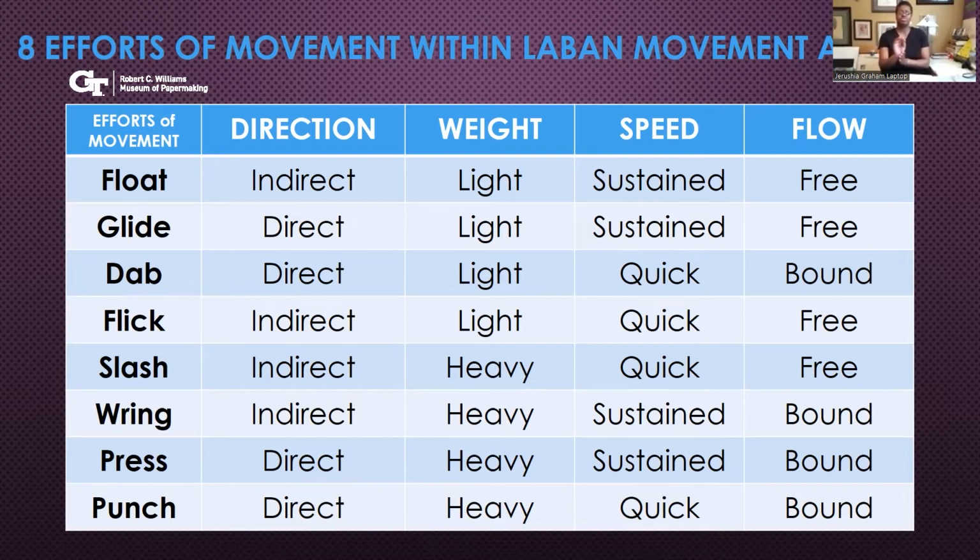And the flow is free, versus punch, which is the exact opposite, where the direction is direct. It's going exactly from point A to point B, no variation. The weight of the action is heavy. The speed is quick, and it's a bound flow. There is tension in a punch versus floating, which is a free flow.